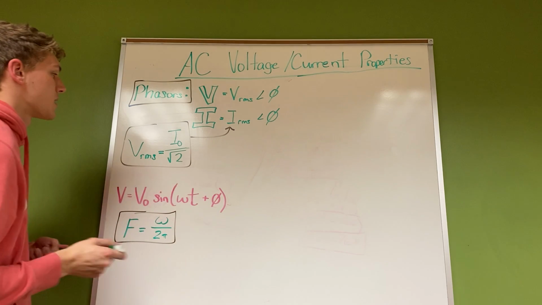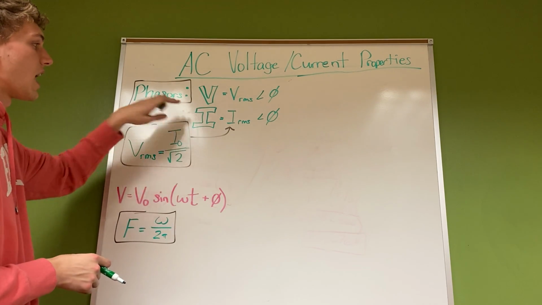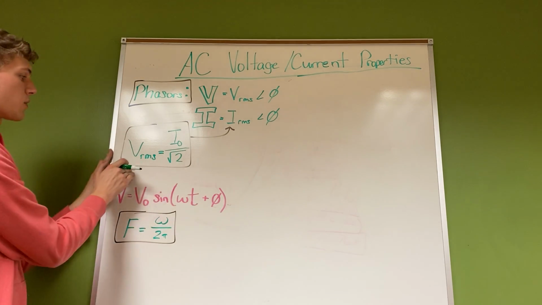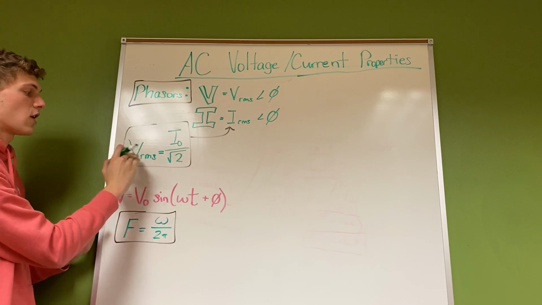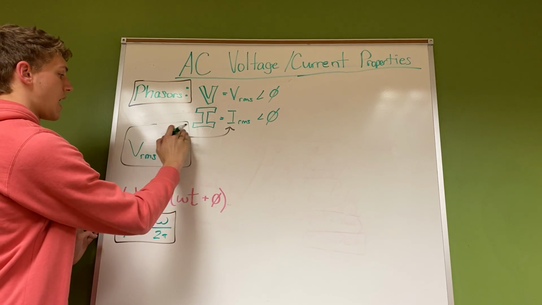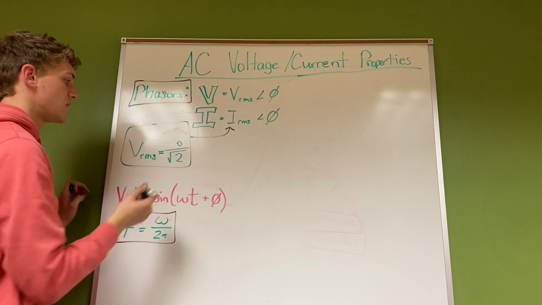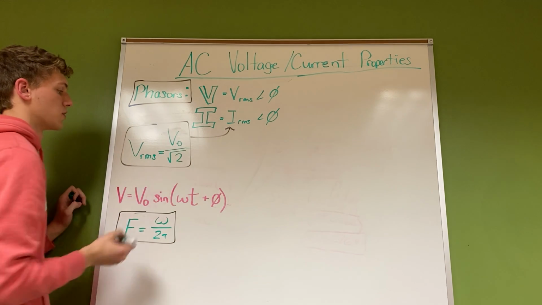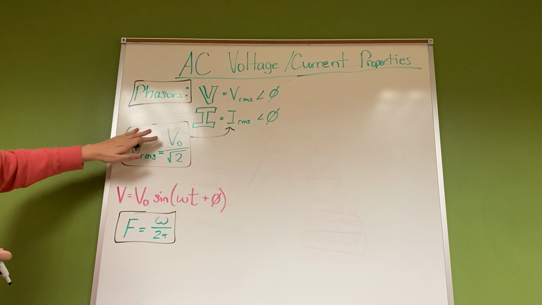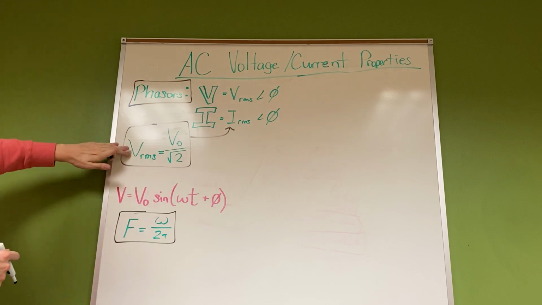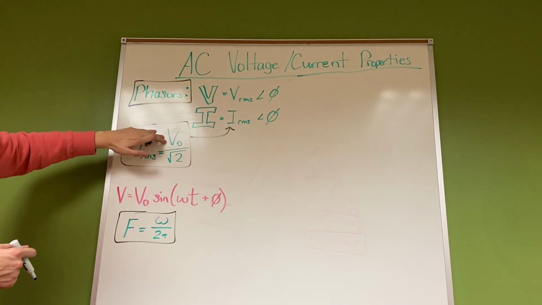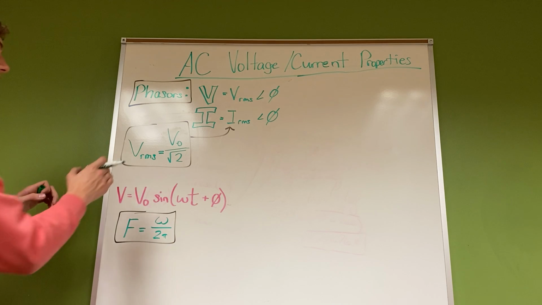So the way that we actually find Vrms or Irms is from this equation. Irms or Vrms is equal to I0 or V0 over the square root of 2. If you're finding Vrms, you use V0, or if you're finding Irms, you use I0. That's the equation.